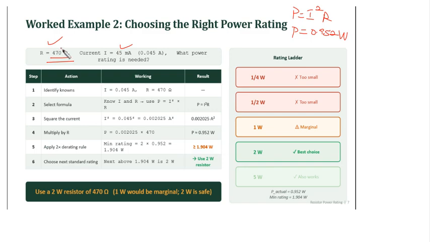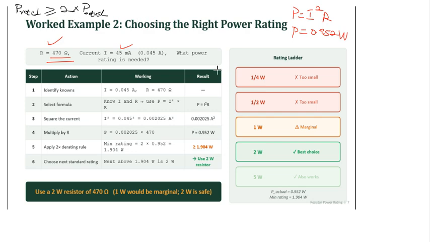And the derating rule states that the rated power, P rated, must be greater than or equal to 2 times the actual power that the circuit requires.